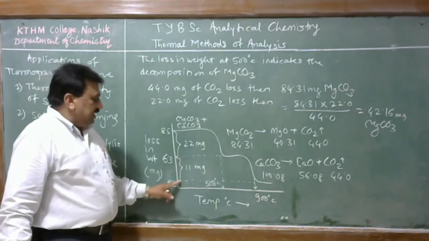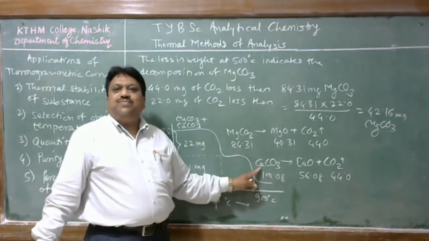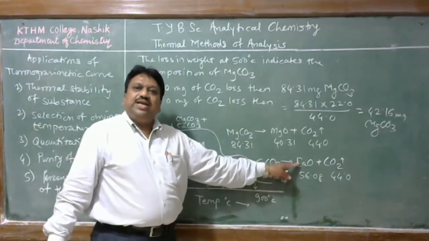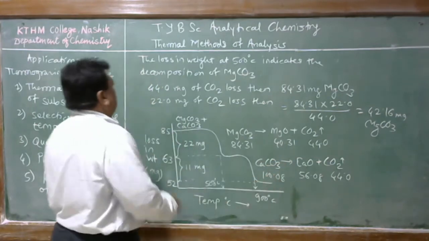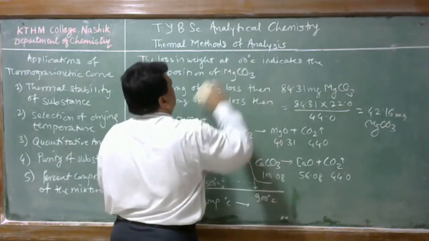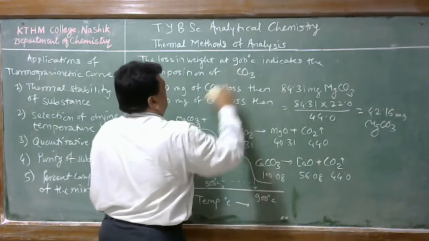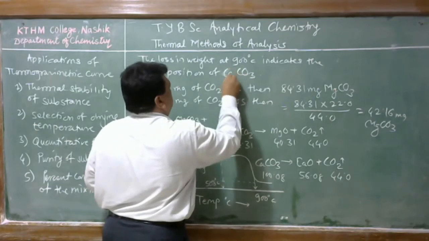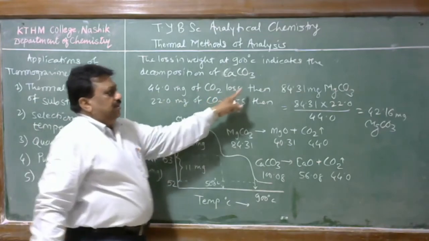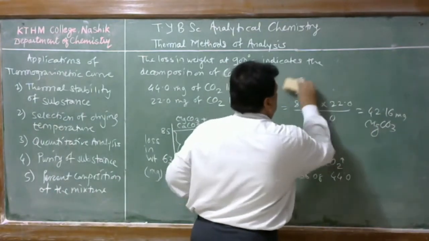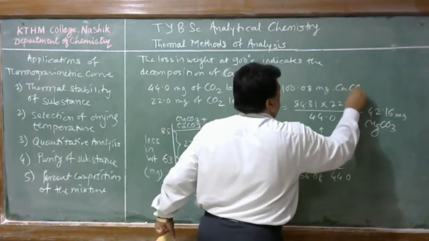Similarly, the loss in weight at 900 degrees centigrade is 11 milligram, which is related to decomposition of calcium carbonate, and this reaction we can utilize for determination of the amount of calcium carbonate in the sample. Therefore, 44.0 milligram of CO2 corresponds to 100.08 milligram of calcium carbonate.